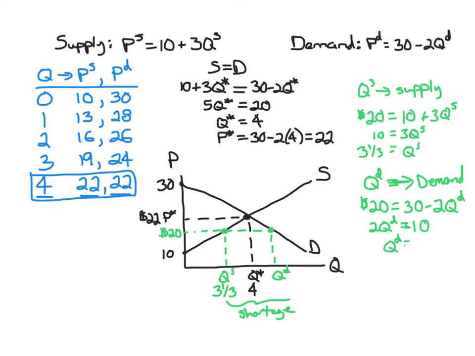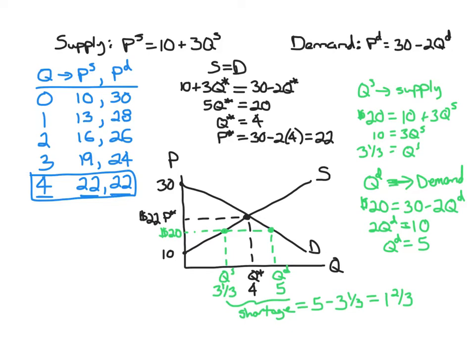Dividing both sides by 2, QD is equal to 5. So 5, which is in fact greater than our equilibrium of 4. So the size of the shortage is going to be the new quantity demanded, which is 5, minus the new quantity supplied, which is 3 1/3. So we are short by exactly 1 2/3 units.